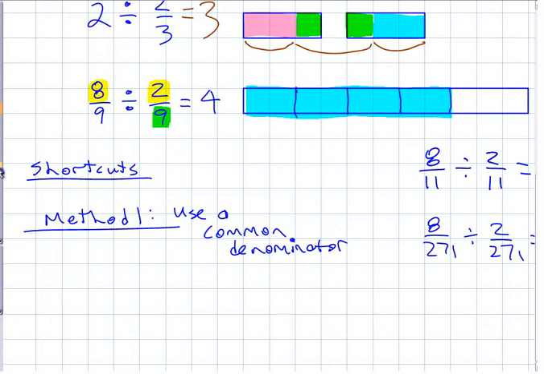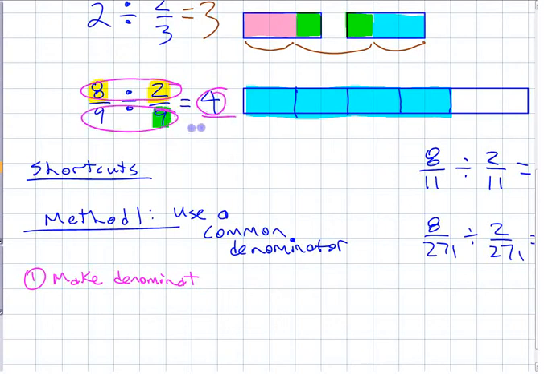Okay? So we're going to write that out here first and then we'll apply it a little more. 1, make denominators the same. Really, you're dividing the bottom numbers as well. Really, you're saying 8 divided by 2 is 4, and 9 divided by 9 is 1. You're just dividing the top numbers and dividing the bottom numbers. Because 4 over 1 is the same as just, what's it the same as? 4 over 1, do you have to say 4 over 1?